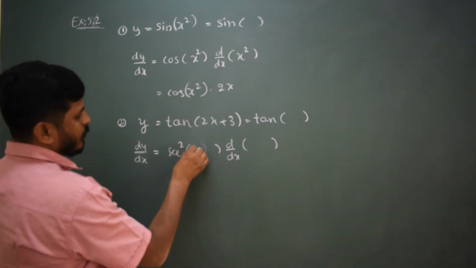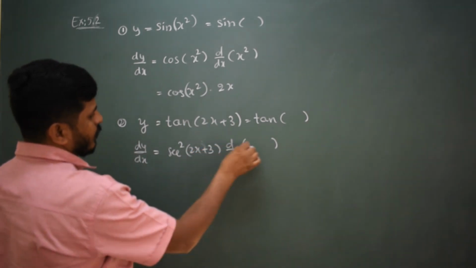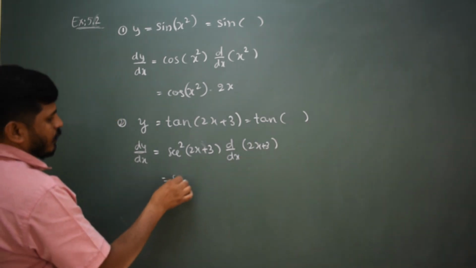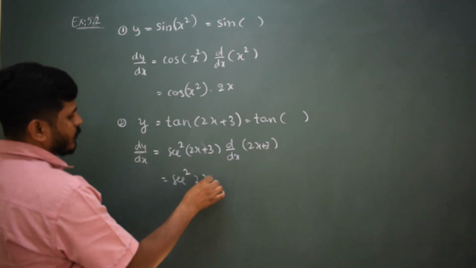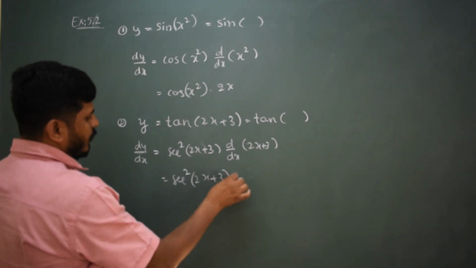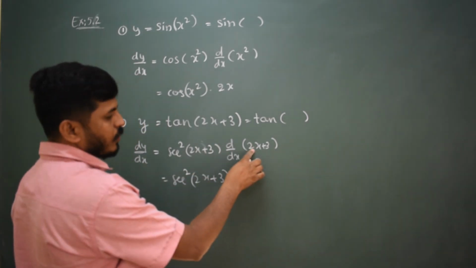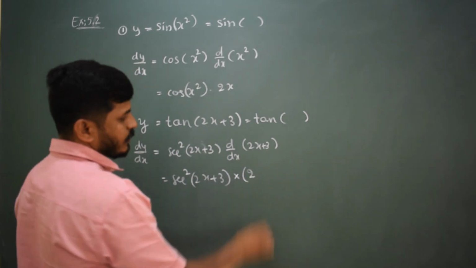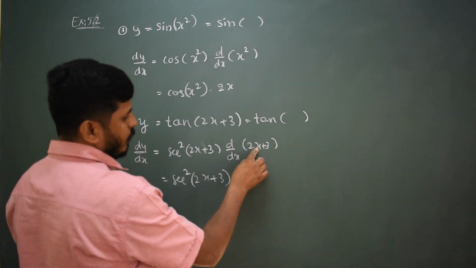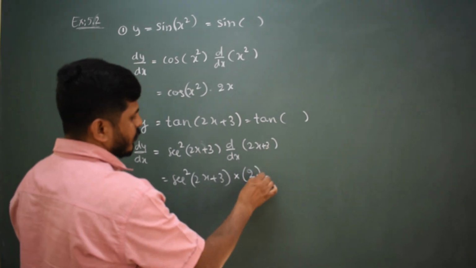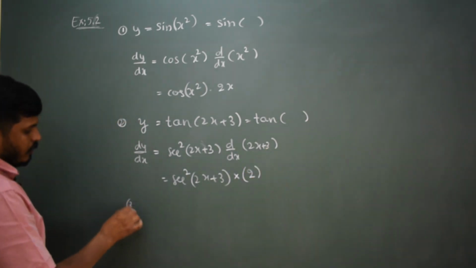What is something here? 2x plus 3. That's equal to secant square of 2x plus 3 into differentiation of 2x plus 3. 2 is a coefficient, as it is, into differentiation of x with respect to x, which is 1, plus differentiation of 3, which is 0.